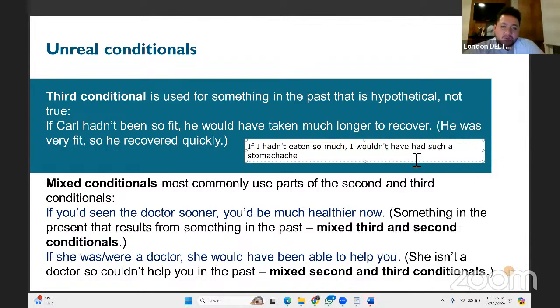Or it could be a situation you are suffering in the present: if I hadn't eaten so much, I wouldn't have such a stomachache. Because in the first sentence, the consequence was in the past and you no longer have the stomachache. Do you regret any situation related to food?